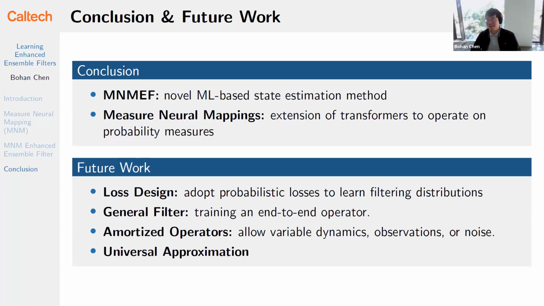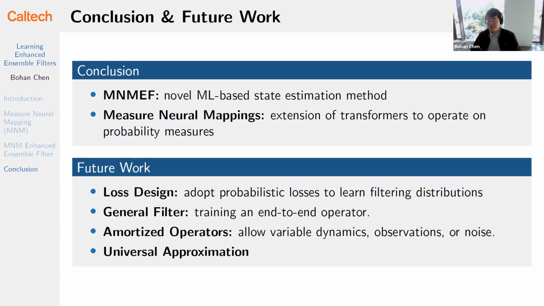The current loss only focuses on the state estimation, but we can definitely consider some probabilistic loss to really learn the true filtering distribution. And we can also consider a general filter that is end-to-end. And also we can consider amortized operators based on different dynamics or observations.